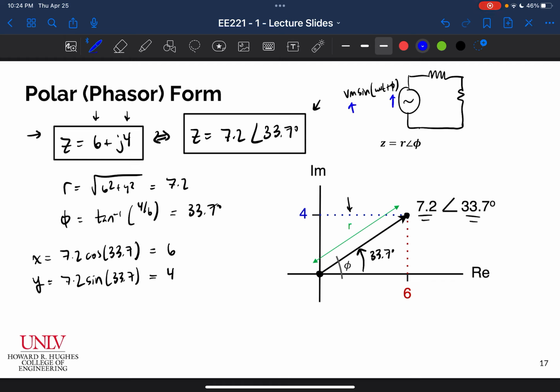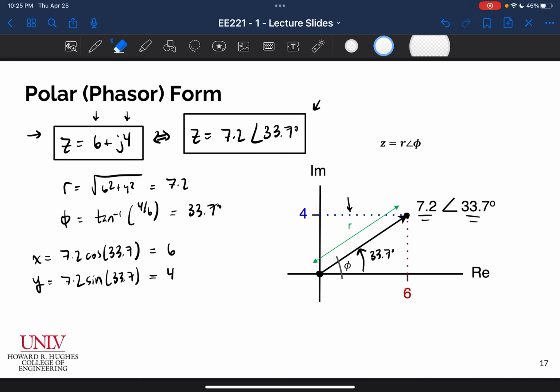So let's go on to the next slide. I've got a blank slide here that I can use to draw. Let's say I've got a sinusoidal source here, and let's say that Vs of t is equal to 5 times the sine of omega t minus 15 degrees.